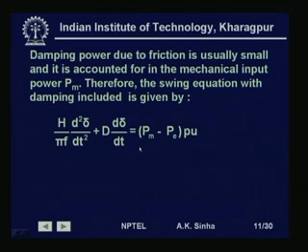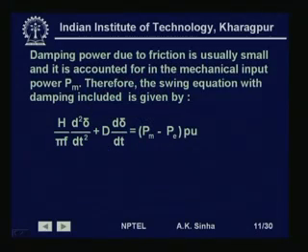In this case, we have not included one more damping term which comes because of the friction, that is, there is a friction power or damping power due to friction also. Normally this power is much smaller and more or less constant, and this is normally taken care of by subtracting it from the mechanical input itself.